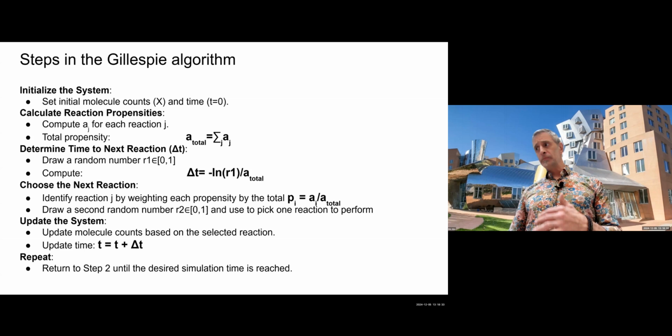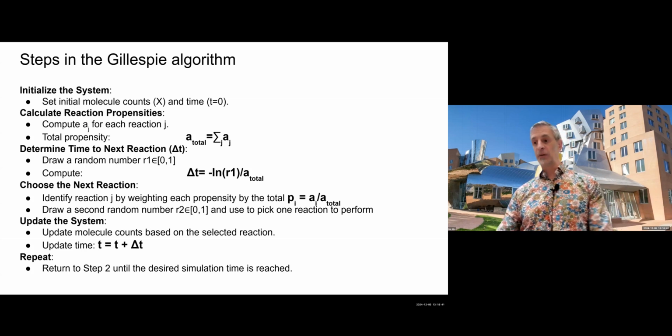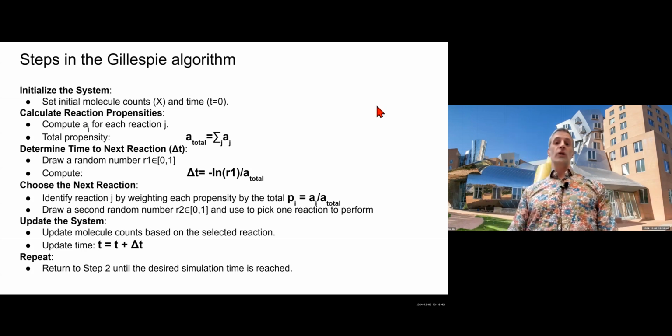And then the first thing we're going to do is calculate all the reaction propensities, so all the rate constants times the amount of each. Then we'll add those up to get this total propensity number. And then what we want to figure out is, what is the time that we have to wait until the next reaction?